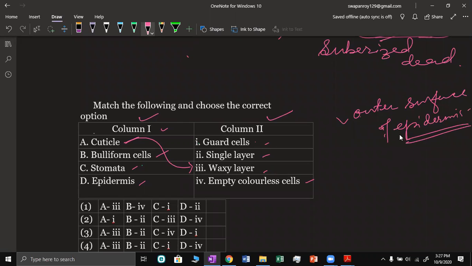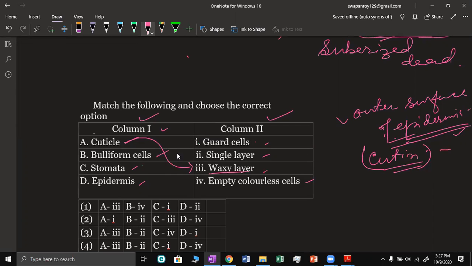In submerged aquatic plants and underground parts of the plant, they don't have cuticle. Okay, so this is a waxy layer. This is made of cutin. Cutin is the chemical. This is waxy in nature, wax like.